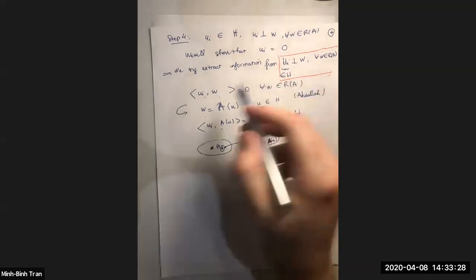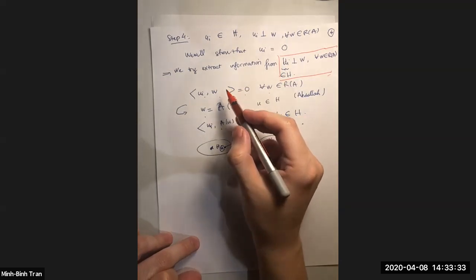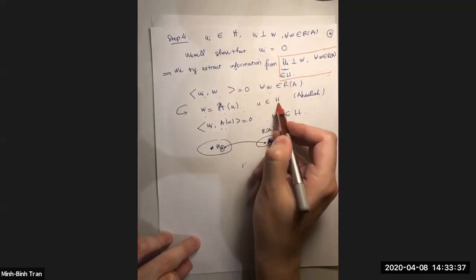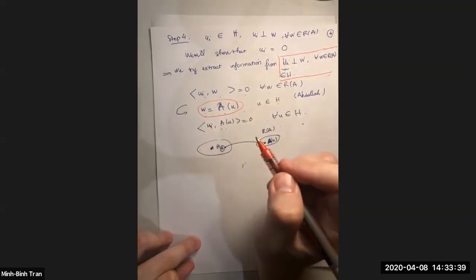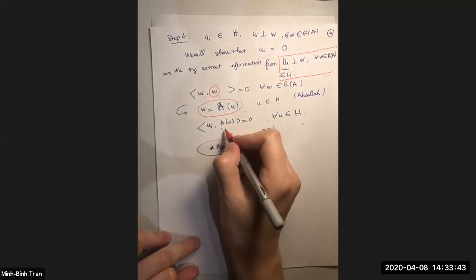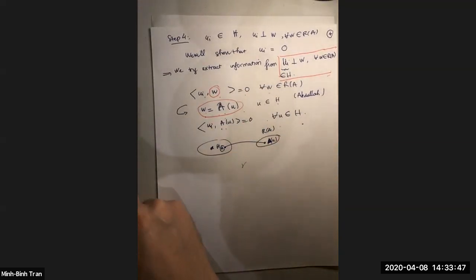So if you replace W by its definition, you're going to have W is AU with U in H. Now you replace this definition into this identity, and you get the inner product of U_i with A of U is going to be 0 for all of the U in H, right?